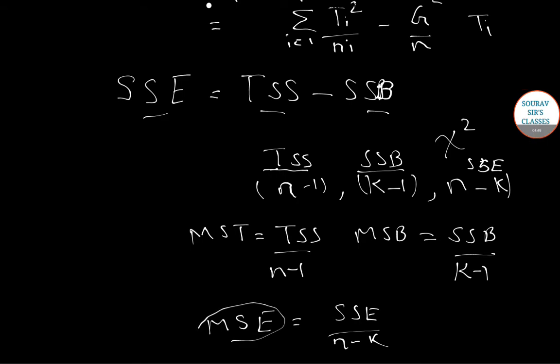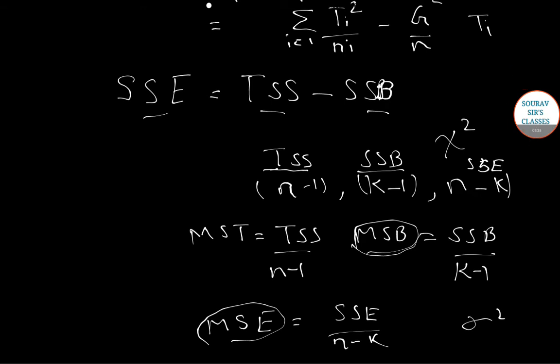This MSE is an unbiased estimate of variance sigma square, and MSB is the variance due to different factor levels. Now, if our H0 is true, then the means of our different samples with respect to different levels of factor, though different, the variability will not be high, or MSB will be small.